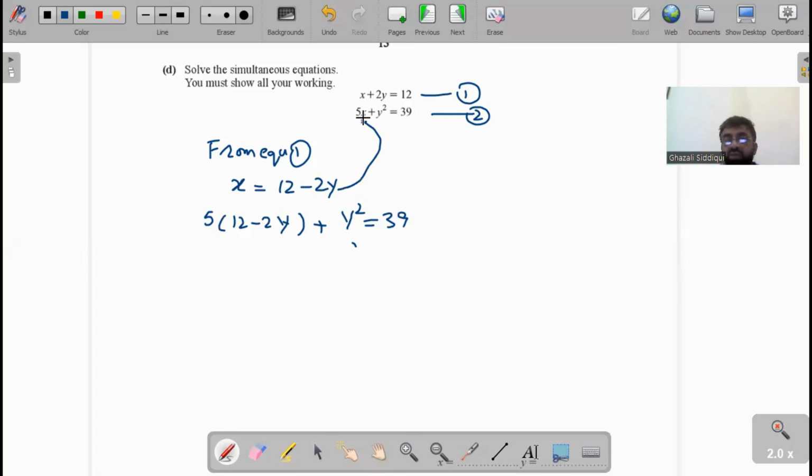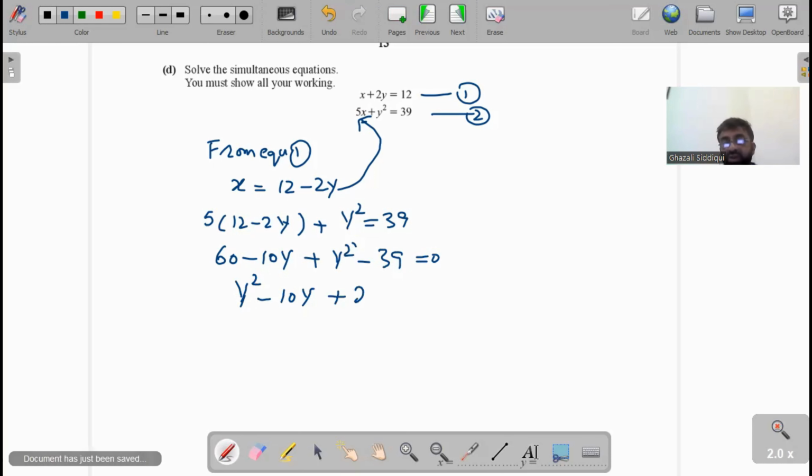Putting this value in this equation, we get 12 multiplied by 5 is 60, minus 10y plus y squared minus 39 equal to 0. Then y squared minus 10y plus 21 equal to 0.